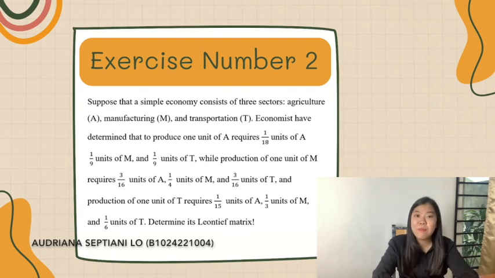Agriculture is A, manufacturing is M, and transportation is T. Economists have determined that to produce 1 unit of A requires 1/18 units of A, 1/9 units of M, and 1/9 units of T, while production of 1 unit of M requires 3/16 units of A, 1/4 units of M, and 3/16 units of T, and production of 1 unit of T requires 1/15 units of A, 1/3 units of M, and 1/6 units of T. Calculate the Leontief matrix.